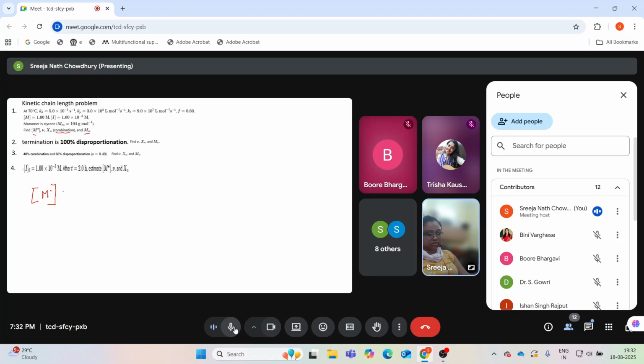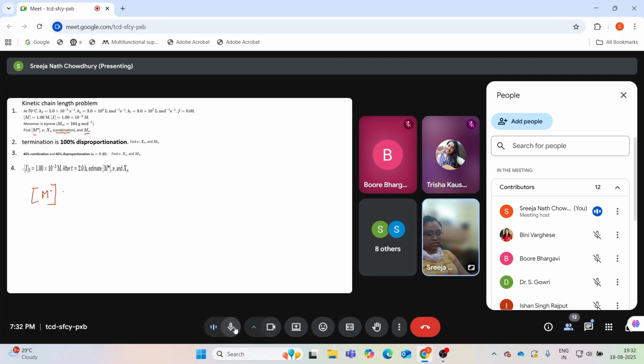Monomer concentration is 1 molar, Kt is 9 into 10 to the power 7, and M dot is 1.83 into 10 to the power minus 8. By solving this, we get the kinetic chain length as 91.3.